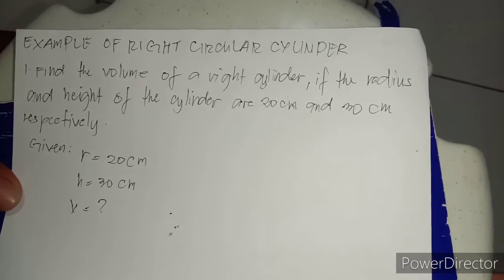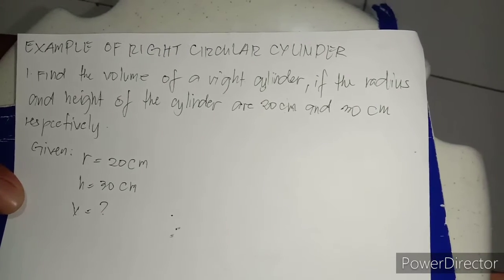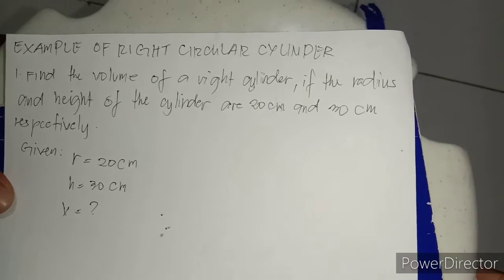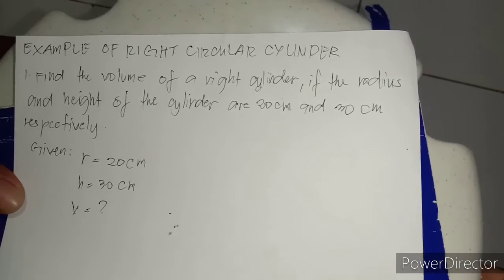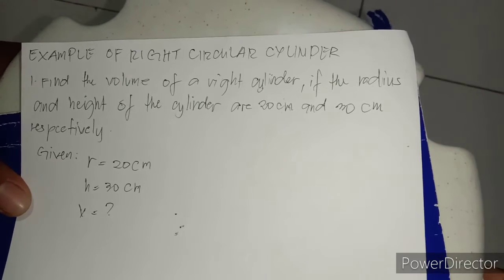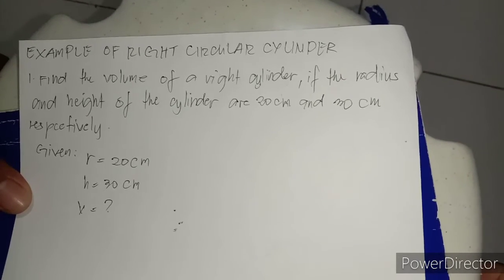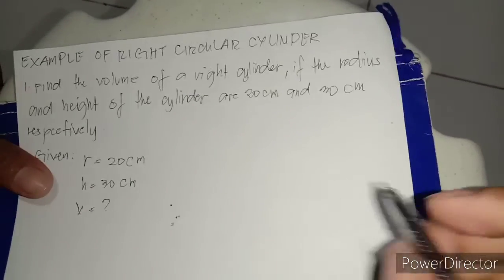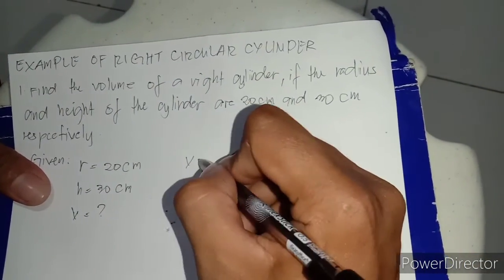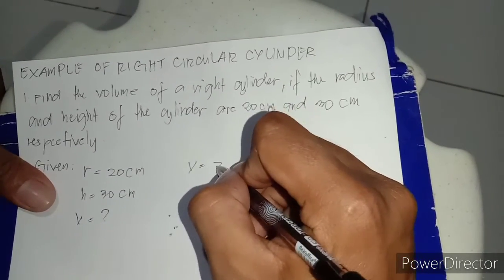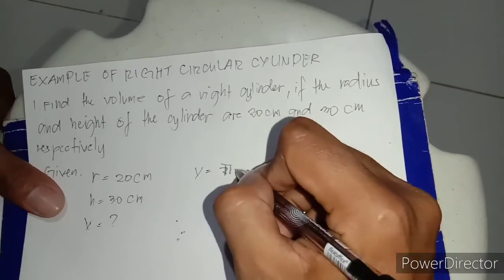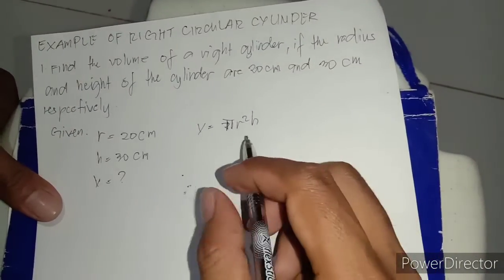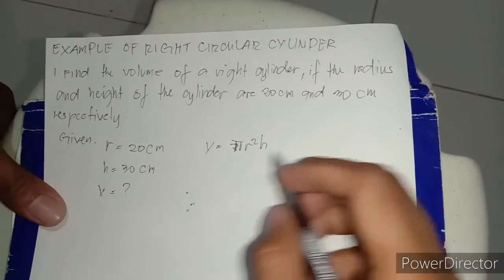Example of right circular cylinder. Number 1. Find the volume of a right cylinder if the radius and height of the cylinder are 20 cm and 30 cm respectively. So we have the given radius 20 cm and height 30 cm. To find the volume, the formula is volume equals pi r squared times height. So we only substitute the values.